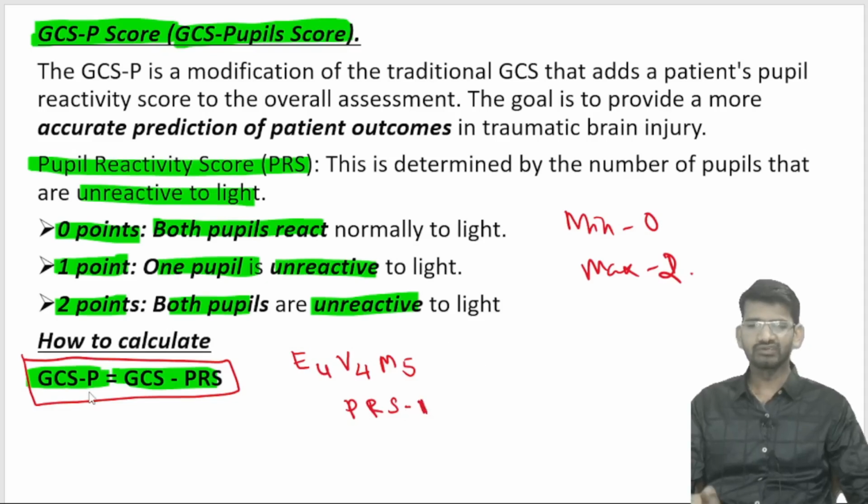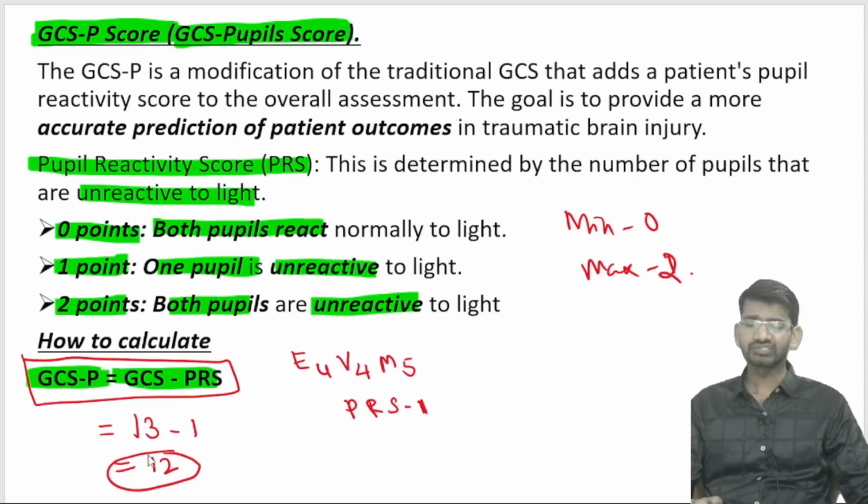Then identify the GCS-P. GCS-P is equal to GCS minus PRS. GCS is E4, V4, M5: 4 plus 4 is 8, plus 5 is 13. So his score is 13, minus the PRS of 1. So the score is 12.